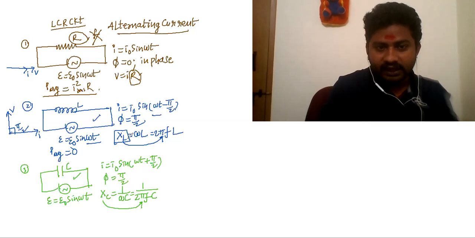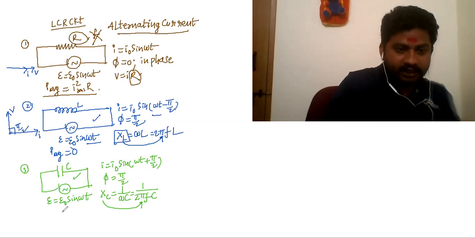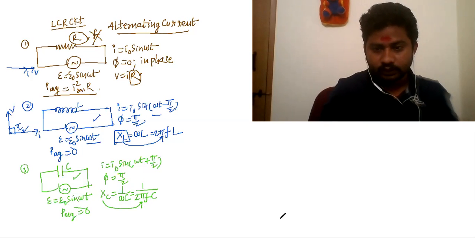Inductive reactance is directly proportional to frequency. Capacitive reactance is inversely proportional to the frequency. And here the average power consumed in this circuit for one cycle is 0.